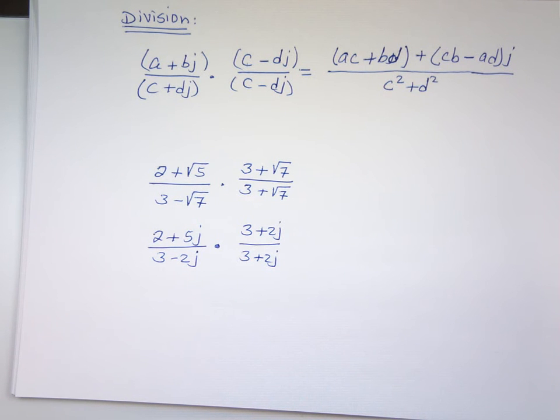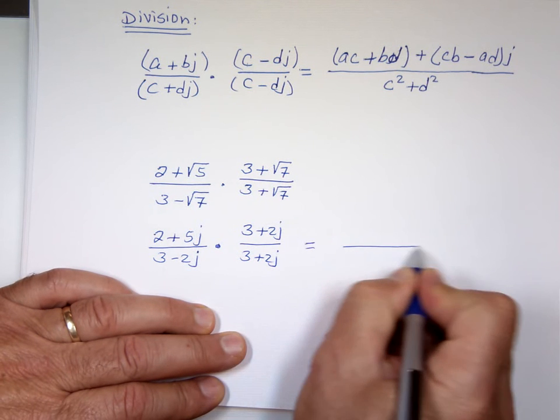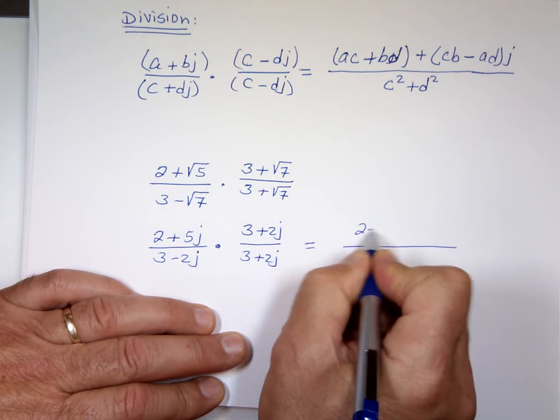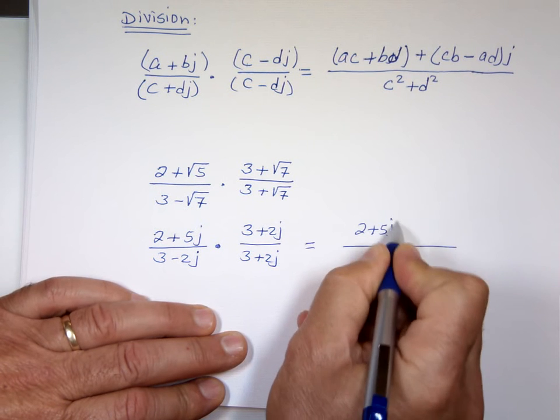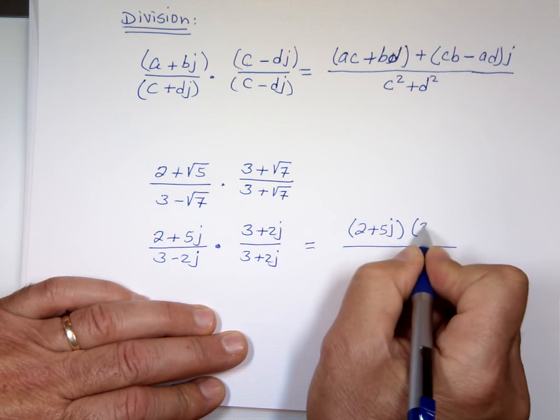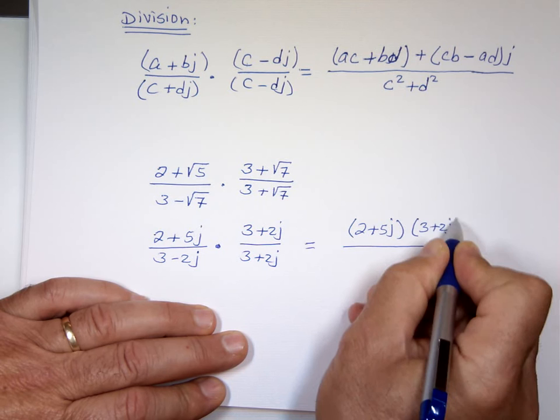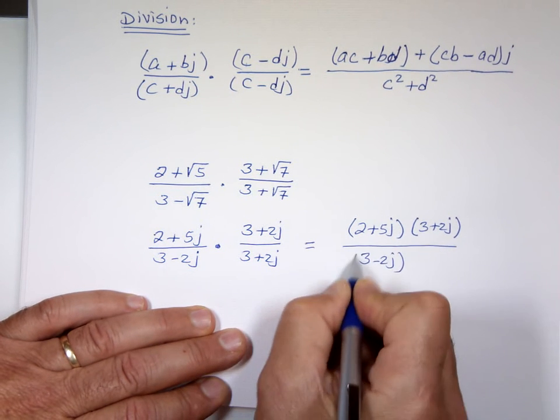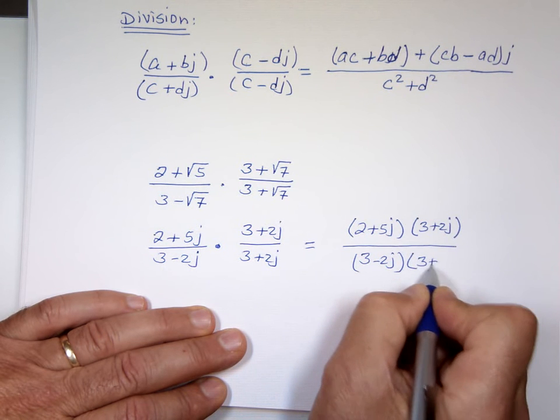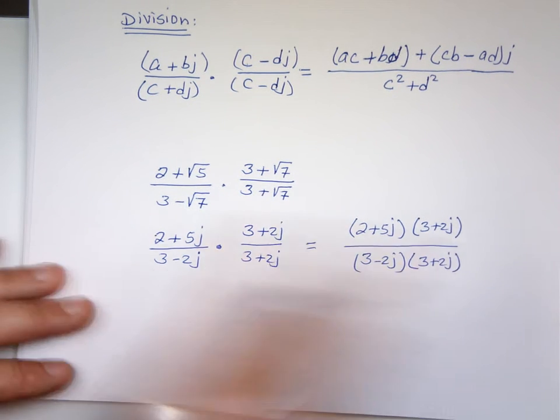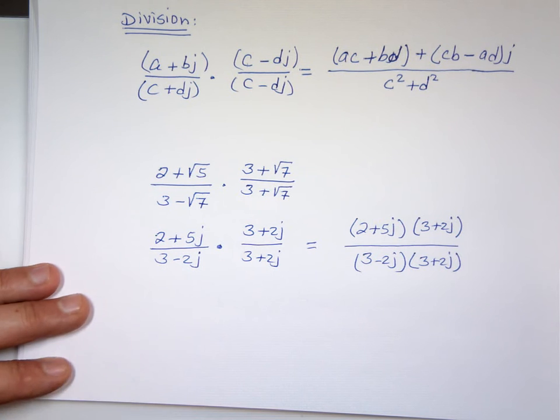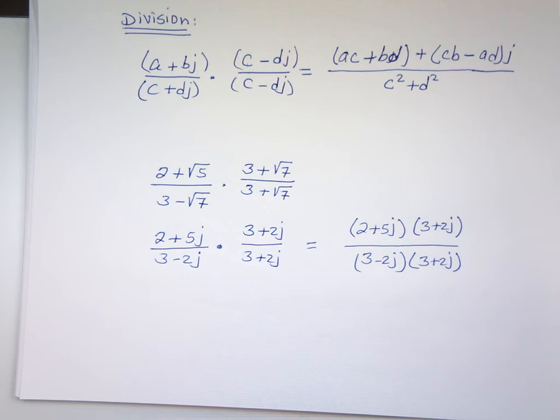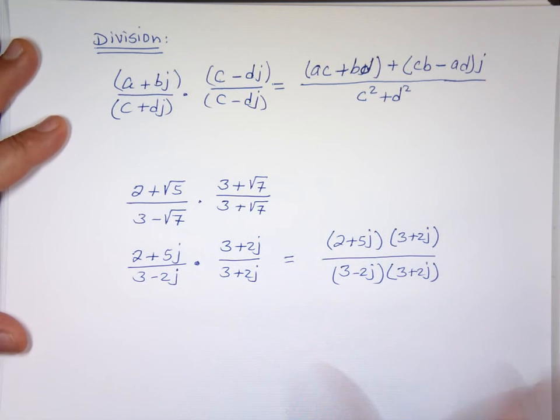And let's go slowly multiply them out. I'm leaving a space so I can do my crisscross here. In the bottom, I'm going to have 3 minus 2j times 3 plus 2j. This times this over this times this. And let's do the math.